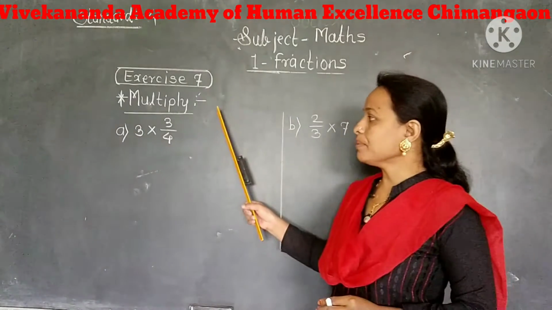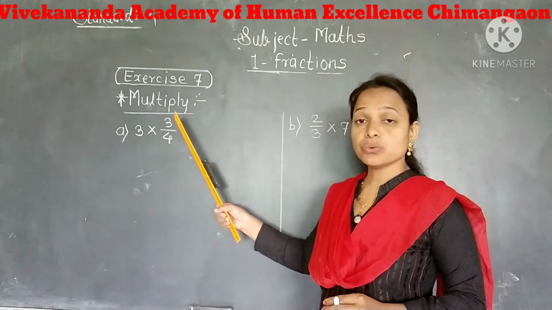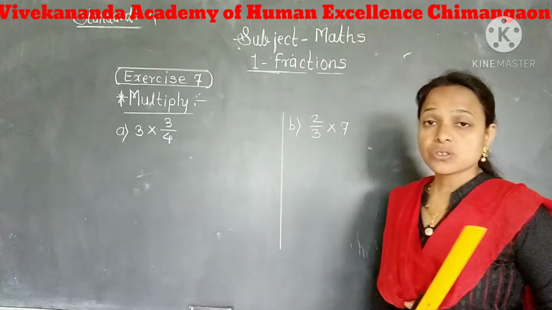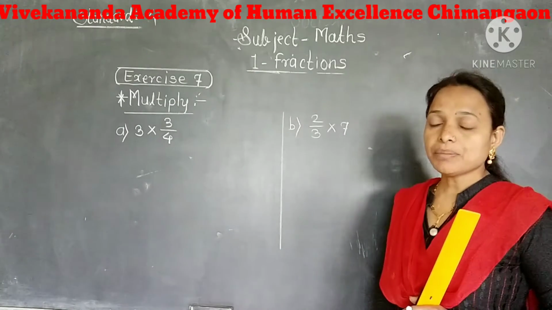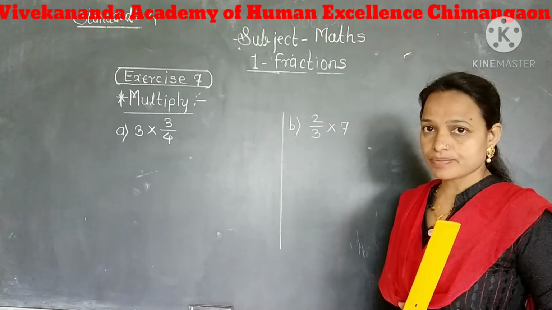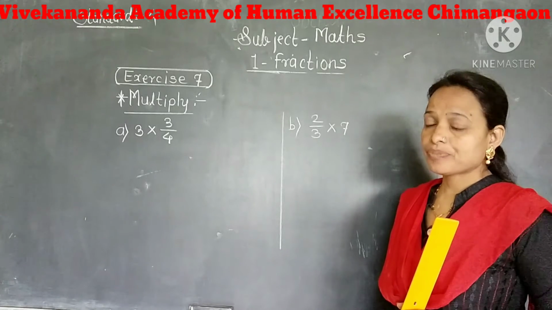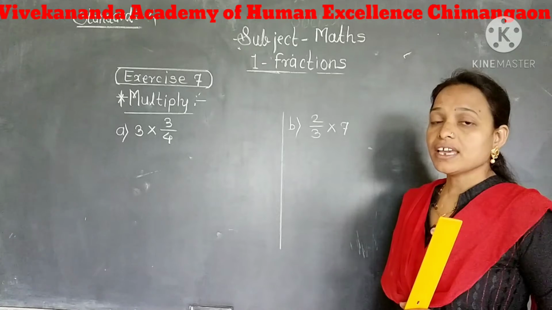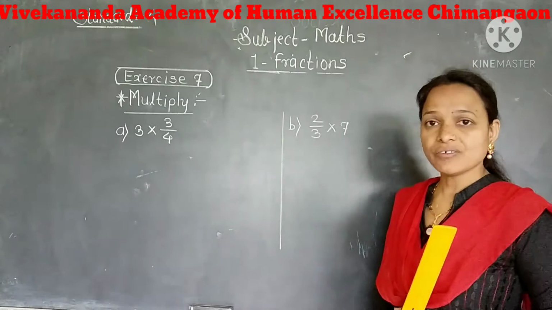Look here, multiply 3 into 3 upon 4. Students, we have learned multiplication of a whole number by a fraction. So here we will multiply the whole number with a fraction.